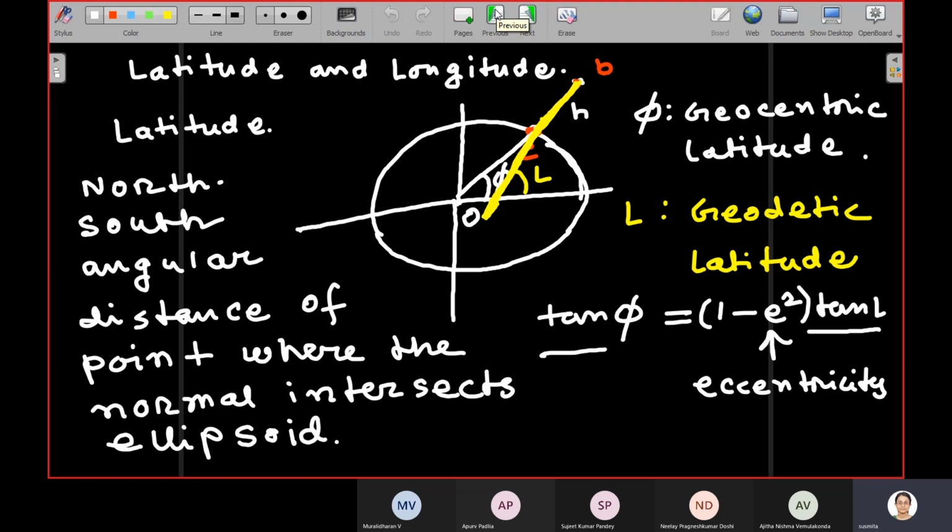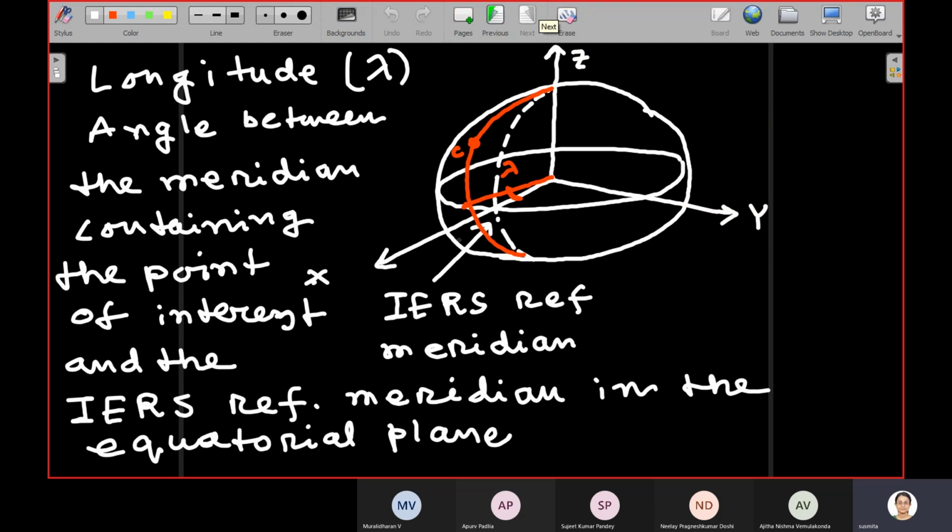Now, as a body moves in the north-south direction, the latitude changes, right? This is why we say latitude is the north-south angular position. In other words, we can associate latitude with the north axis of the local navigation frame, correct? Similarly, when the body moves in the east-west direction, the longitude changes, right?